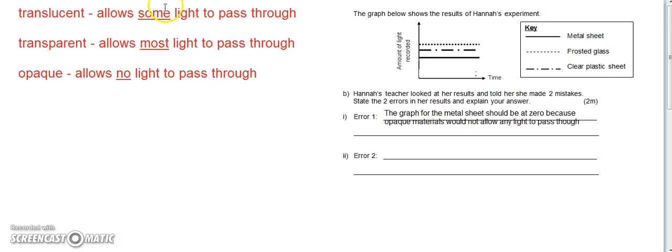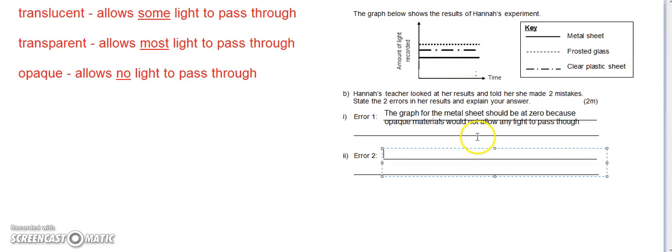Error number 2 is, okay, now I've given you a clue. If opaque is wrong because it does not allow any light to pass through, it should be at 0, alright, and the graph does not state that it is at 0. Let's look at the frosted glass allows more light than the clear plastic sheet.